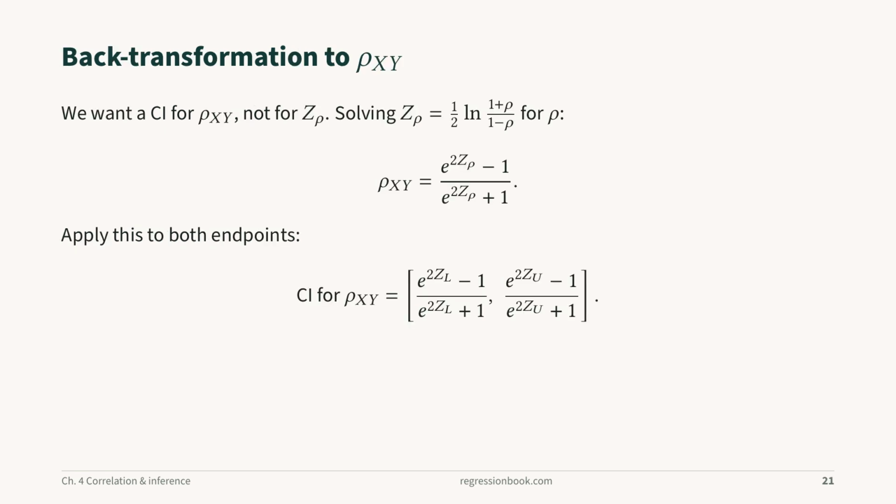We want an interval for the correlation, not for z, so invert the transform. The correlation equals e to the 2z minus 1 over e to the 2z plus 1. Apply that inversion to both endpoints, and the transformed interval becomes an interval for the population correlation itself. Two formulas, forward and back. That is the whole method.